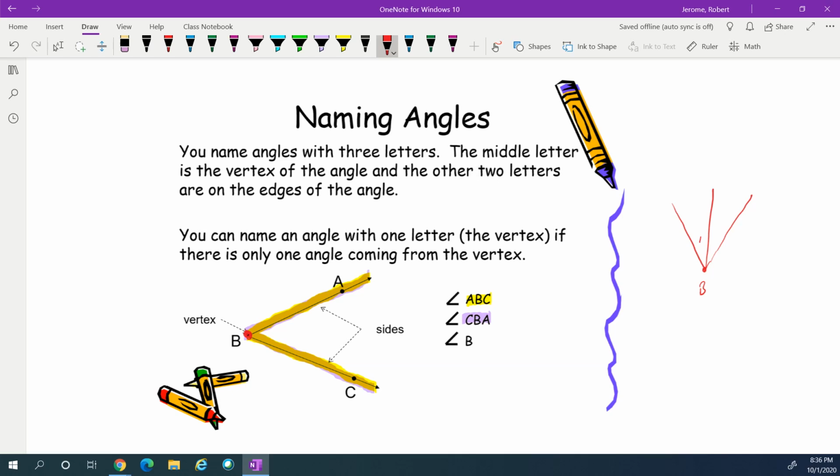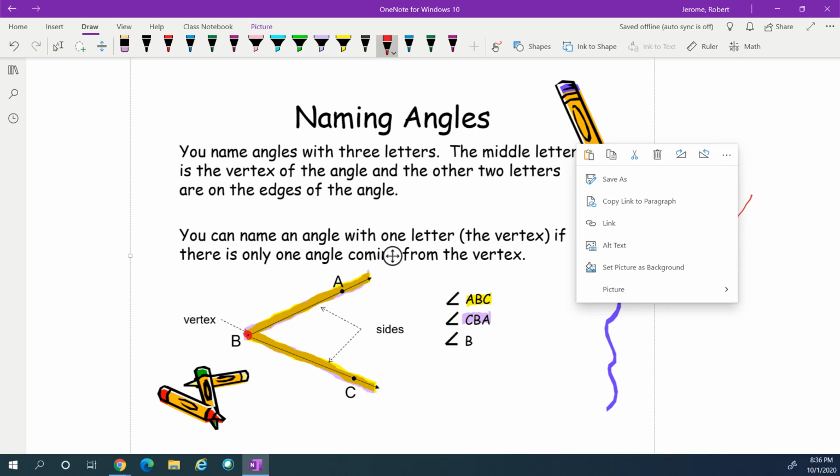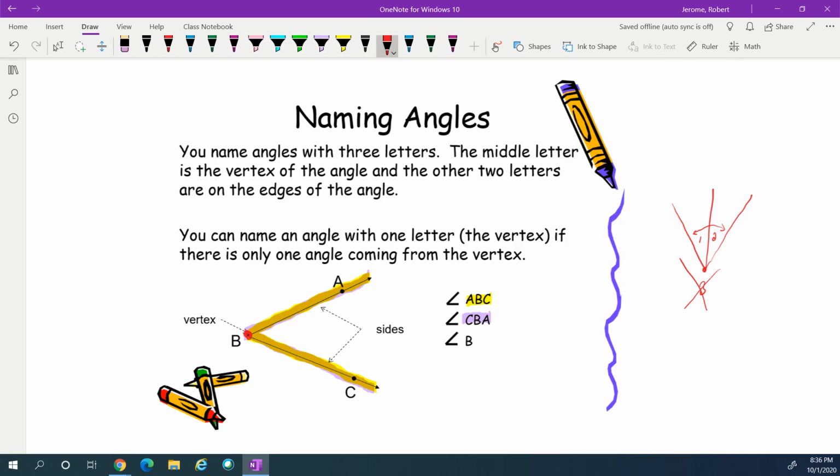There's the little angle on the left, there's the little angle on the right, but there's also the big angle that includes both of them. So we can't do this. We can only use the vertex letter by itself when there's only one angle coming out of it. So we try to use three letters.